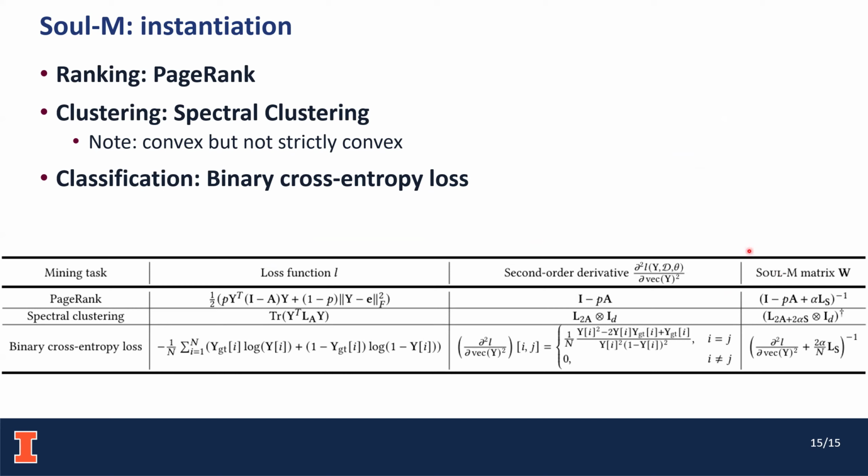The rightmost column is the SOM matrix derived from our algorithm, which is generally quite simple to derive and also in a neat form. And I also want to note that spectral clustering is a convex but not strictly convex algorithm, which is in conflict with the assumption in the influence function that it has to be strictly convex. But I will show later in experiments that the estimation is still valid.